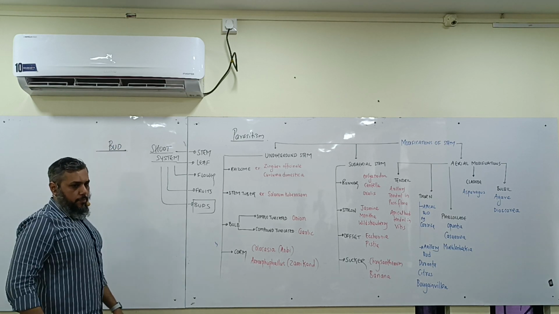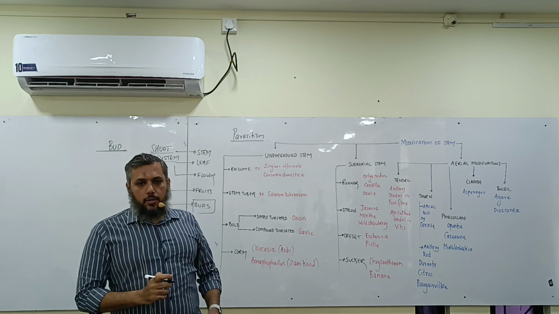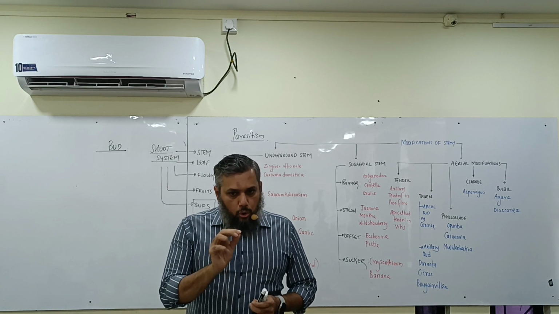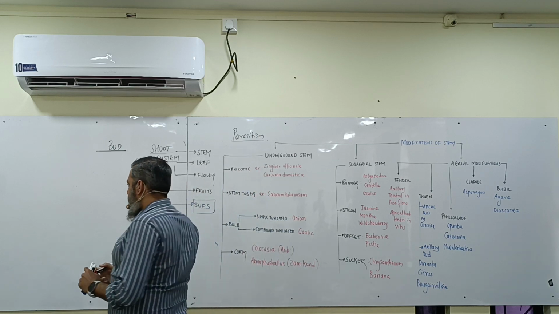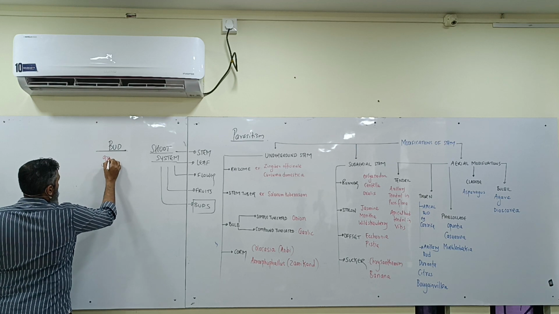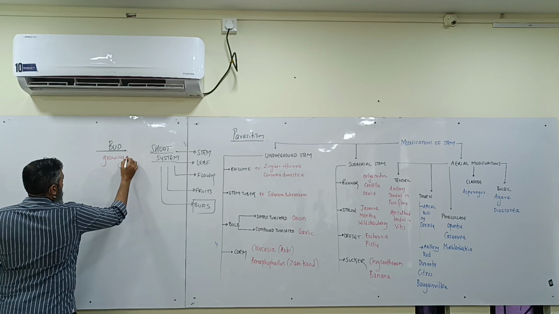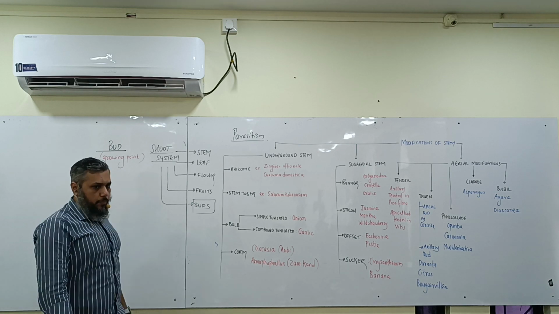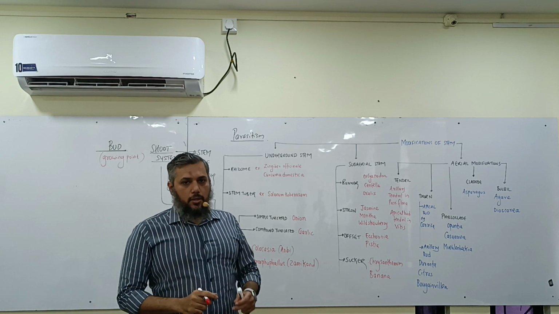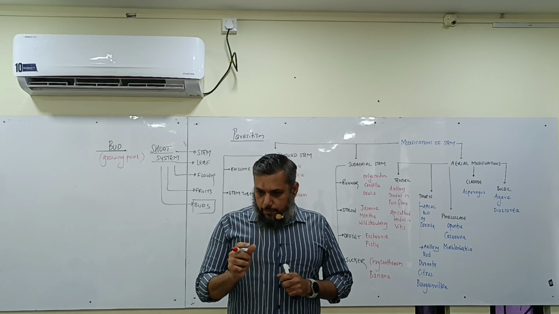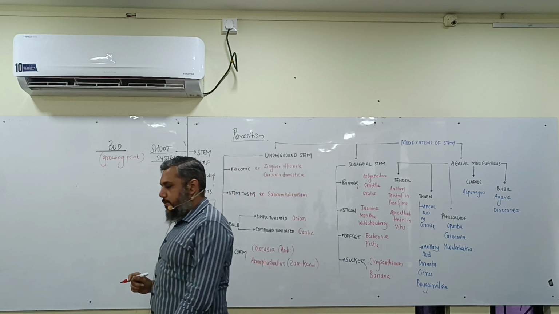what is a bud. In common English, a bud is called a growing point. Grow होने की जगह. So commonly you can say that bud is a growing point. It is an undifferentiated mass of meristematic cells.